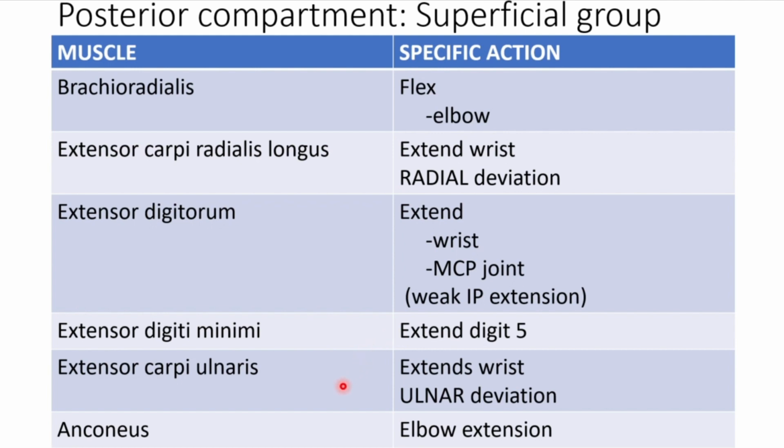Extensor carpi ulnaris both extends the wrist and provides ulnar deviation medially. Lastly, the anconeus muscle contributes to elbow extension. The anconeus is located in the lateral aspect of the elbow joint.